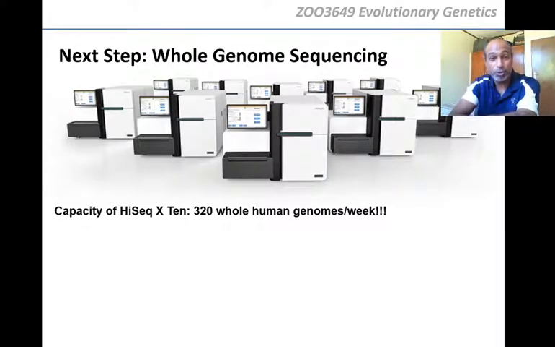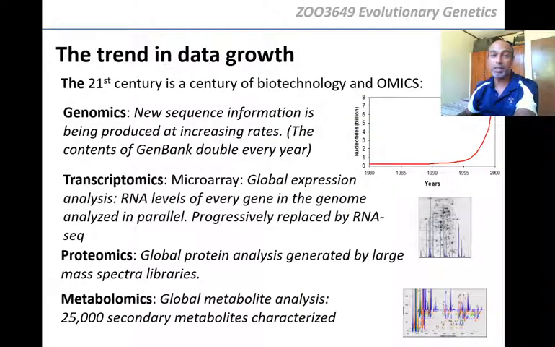At BGI, Beijing Genomics Institute in China, they have a massive warehouse with hundreds of machines like this, each one capable of doing 320 human genomes a week. So you can imagine how much DNA sequence data is being generated for how many different animals, plants, viruses, bacteria.